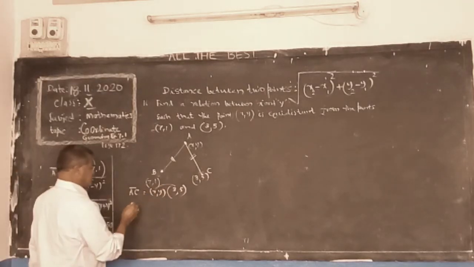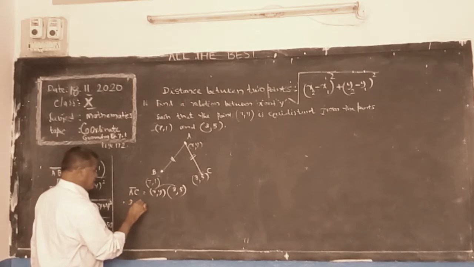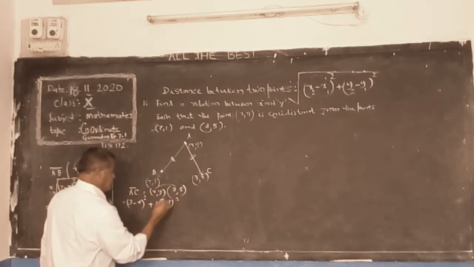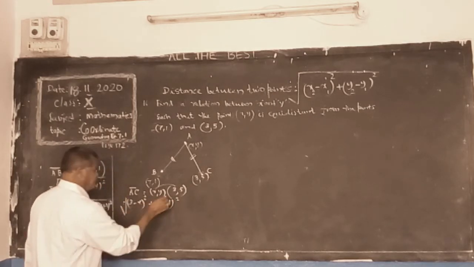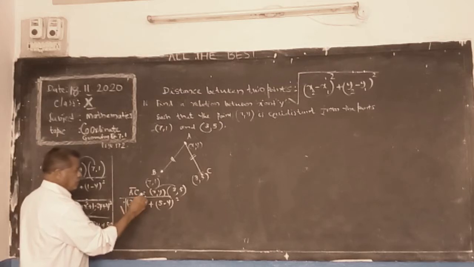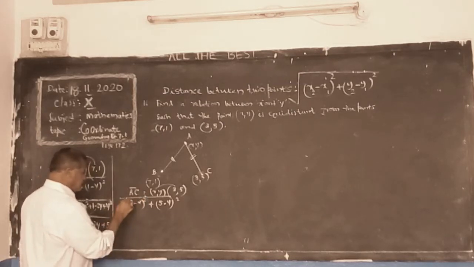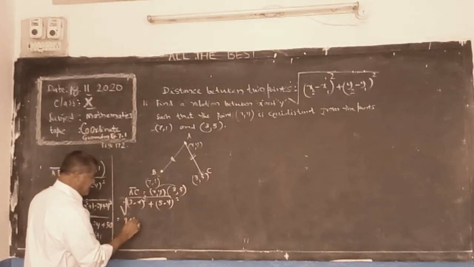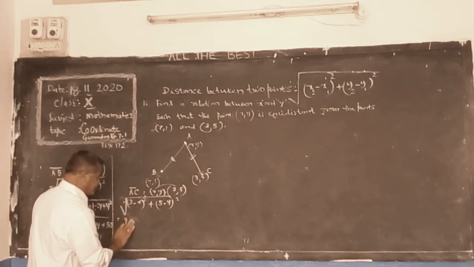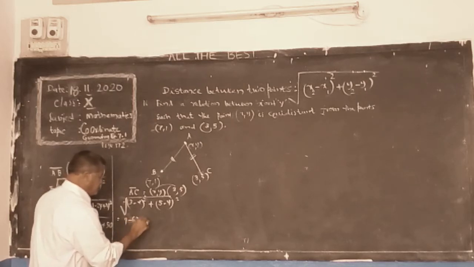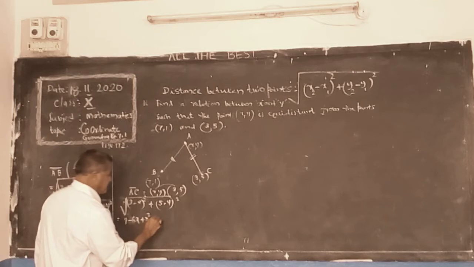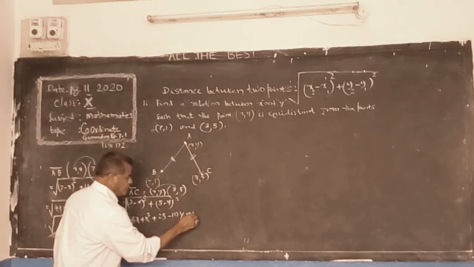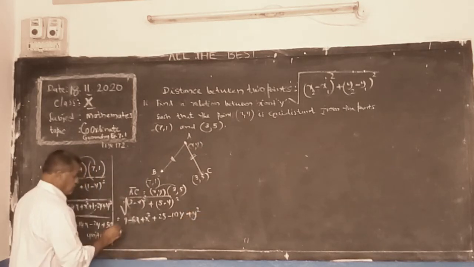Similarly, AC: the difference of x coordinates, 3 minus x whole square, plus 5 minus y whole square, under root. See, a minus b whole square: 9 minus 6x plus x squared, and 25 minus 10y plus y squared, under root.